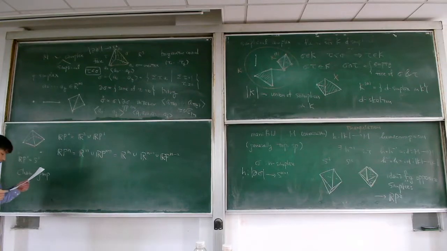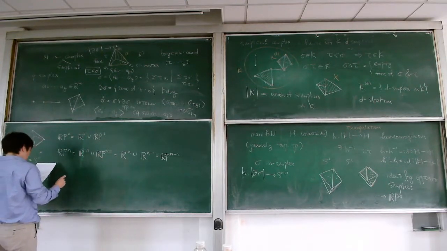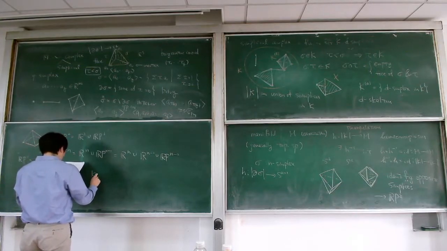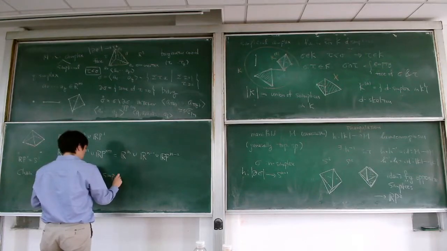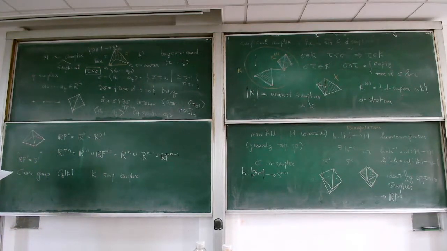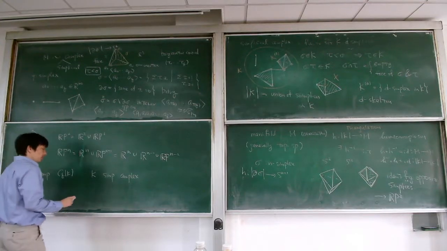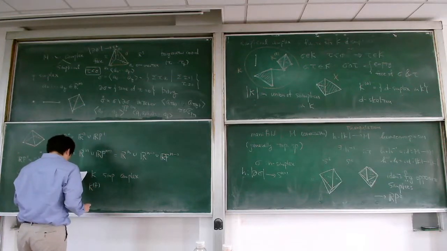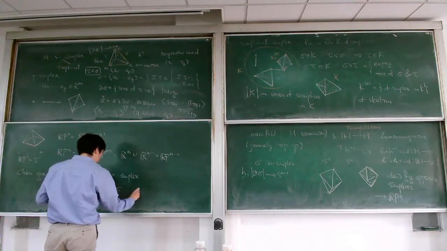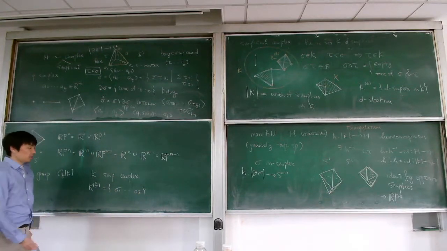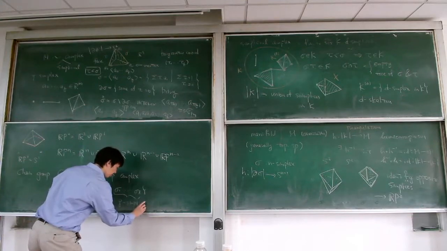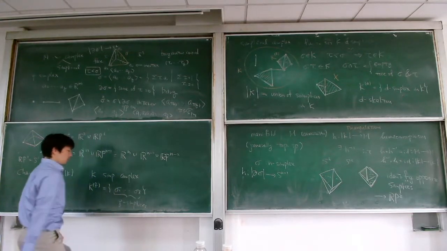Given a simplicial complex K, the chain group C_Q. Inside here, K_Q is bounded by the ordered simplices sigma 1, ..., sigma L. They are all Q simplices.